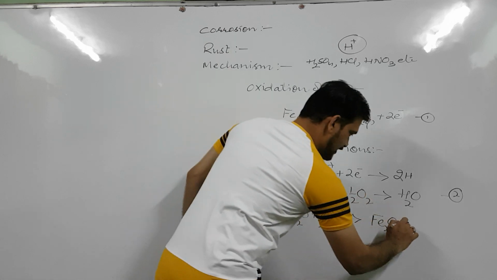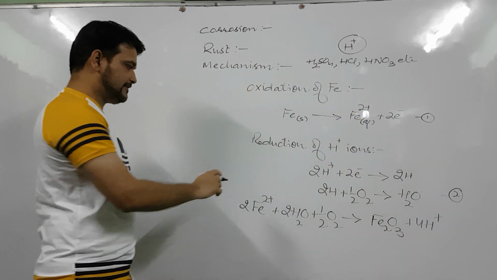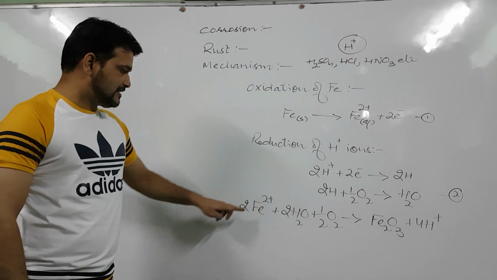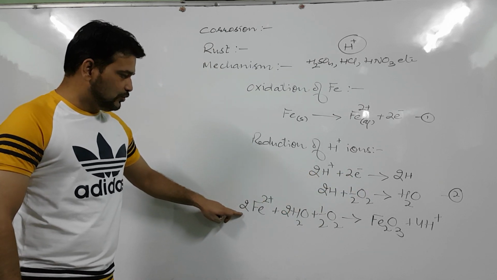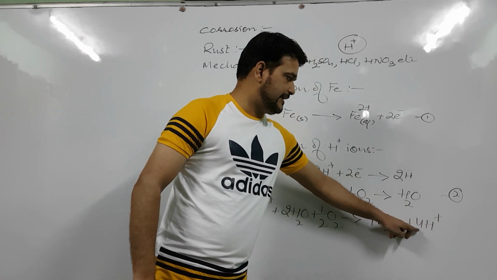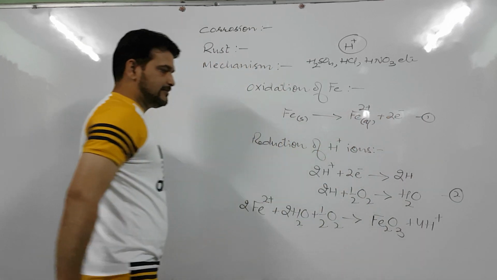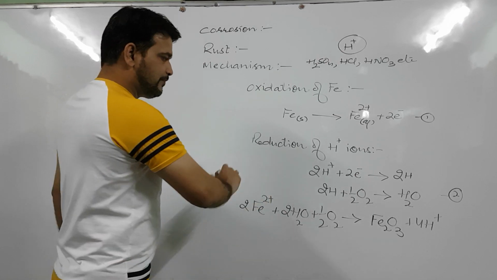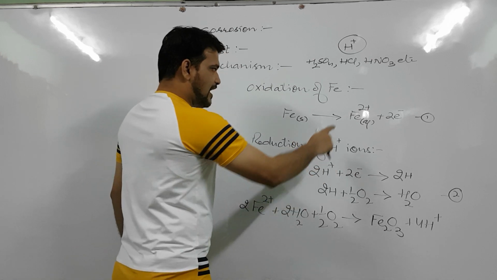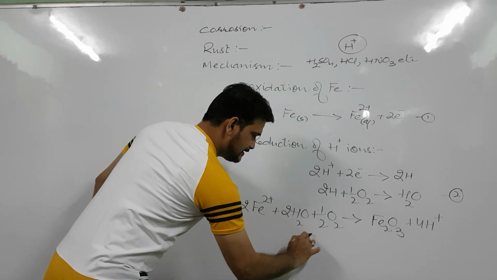There are 4 H positive ions. You can see that the charge is also balanced: 2 positive multiplied by 2 is 4 positive, and 1 positive charge multiplied by 4 is 4 positive. Charge is balanced and all the other atoms are also balanced. So this is the reaction between Fe2+ and water.